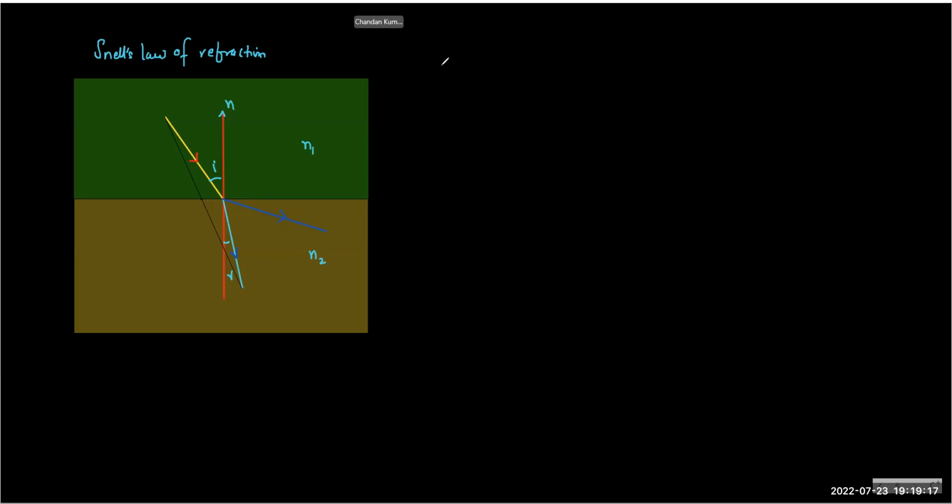And what is Snell's second law? The first law is that the incident ray, normal, and reflected ray all lie in the same plane. That's very much known to all of you. Let me just mention this quickly.